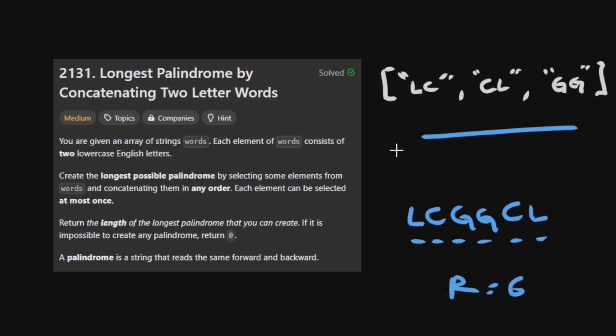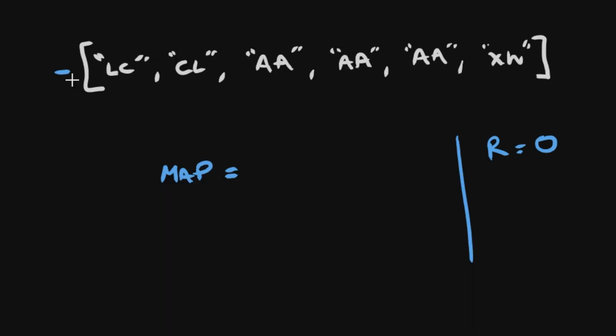Now let's see how we can solve this. Let's say we have these words, we also have a map, and the result is initially 0. We will iterate this from left to right, starting from index 0. So first the i pointer is here. And every time we will take the current word and we will reverse it.